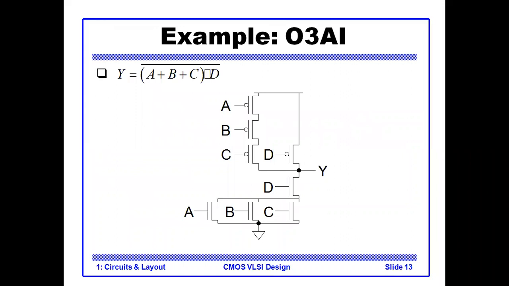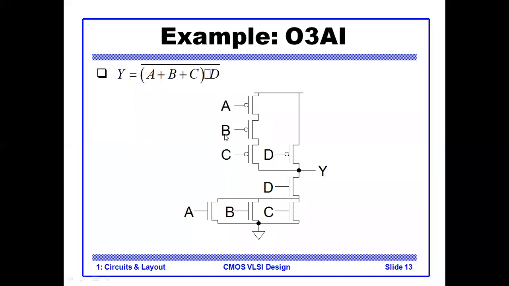This is one example that we will understand. Suppose the Boolean expression is Y equals the complement of (A plus B plus C) into D. Here we have to follow the basic rule: in the case of the PMOS, if the term is an adder, that is A plus B plus C, it means these PMOS transistors should be used in series combination.